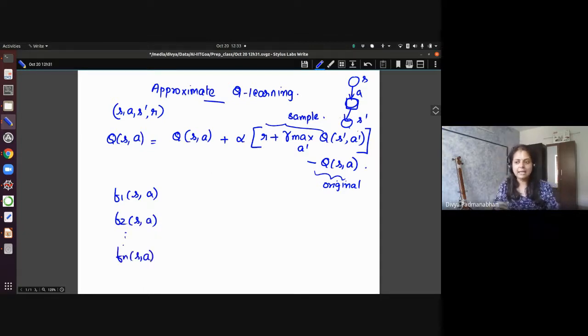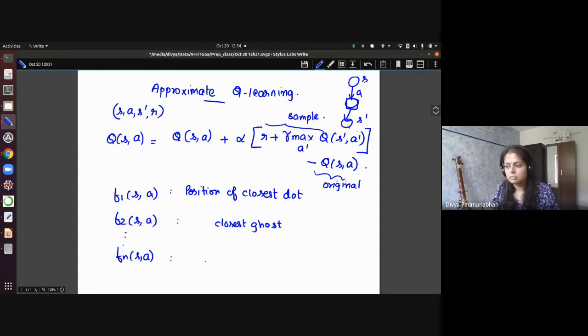Maybe it's the position of the closest dot, the position of the closest ghost, or anything. You can define things the way you like, and these are all the features you think would matter.